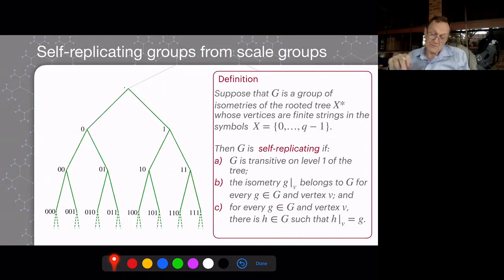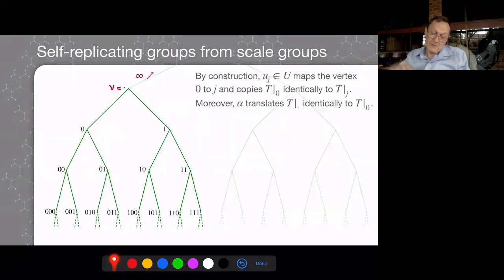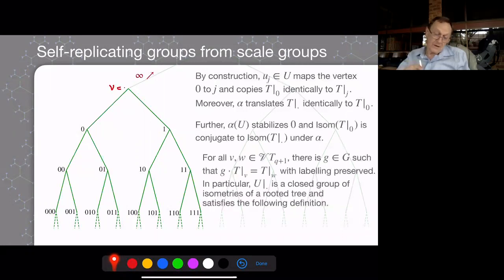So that's what it means for a group to be self-replicating. And that condition is satisfied by the restriction of a scale group to this rooted tree inside our regular tree.